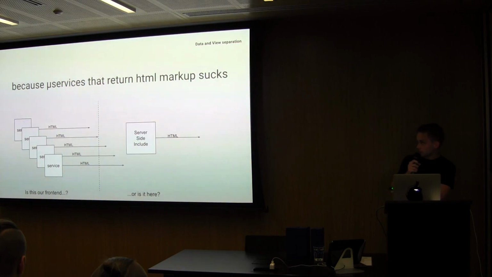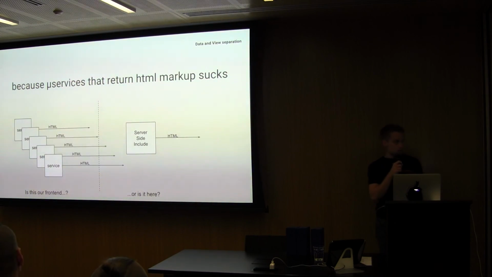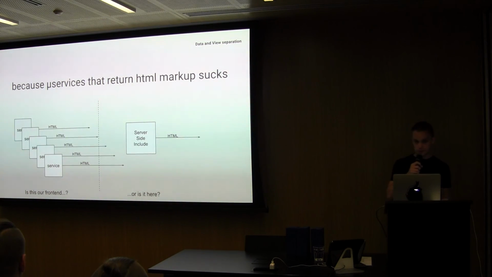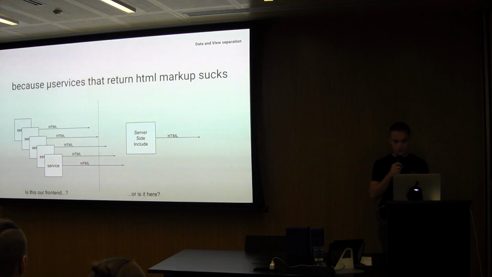For example, if every service talks HTML, then our frontend is spread across multiple services. Like when one service is returning a list of items and another one is returning a list of top 10 items, everything in HTML, of course, and so on and so on.